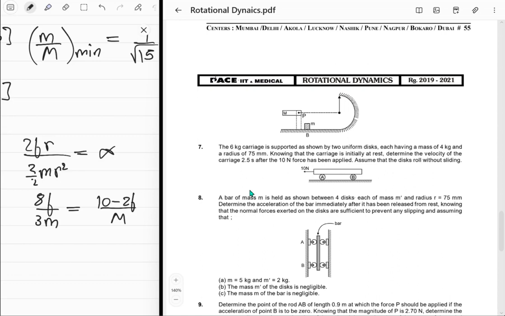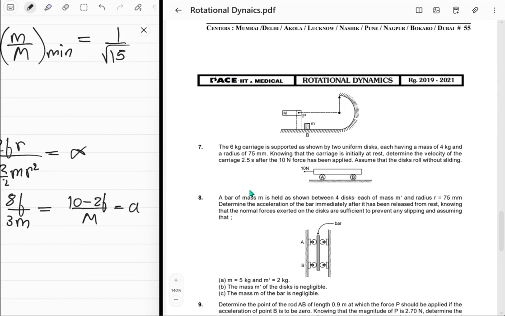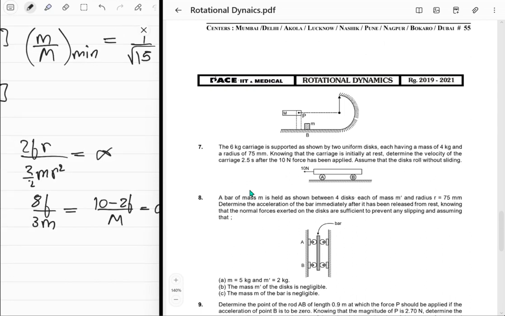Okay, now what do we do? They gave after what time? So fine, it's doable, right? Velocity of the carriage 2.5 seconds after the 10 Newton force being applied, and this is equal to the acceleration of this carriage. Just solve for F, get the acceleration as a function of time.